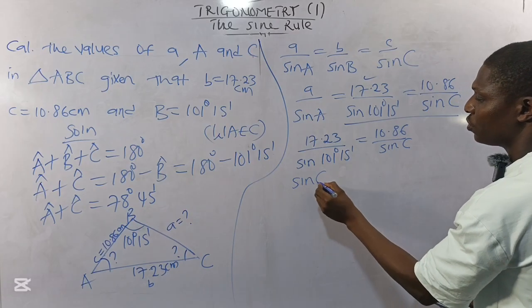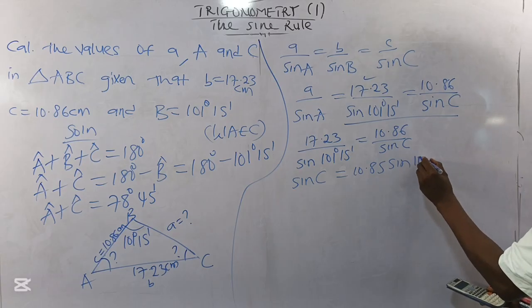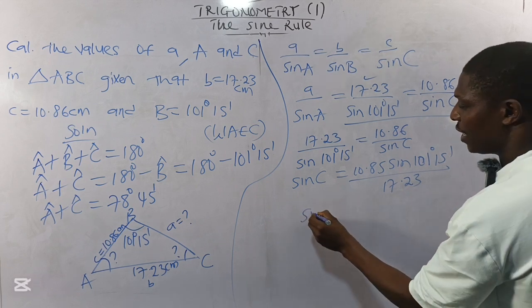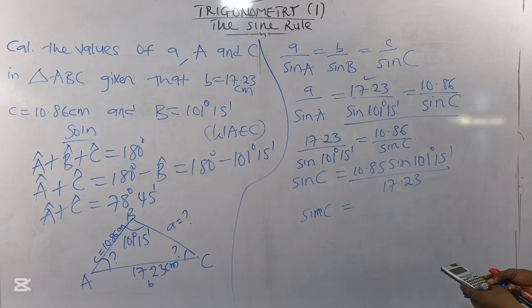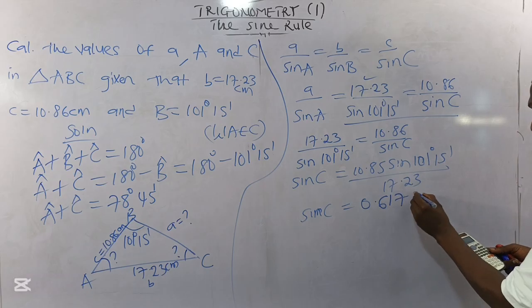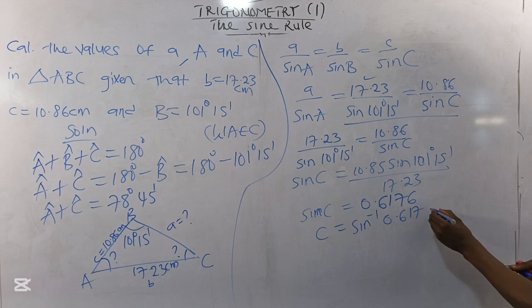So if I want to make sine C the subject of the formula, I have sine C equals 10.86 sine 101 degrees 15 minutes divided by 17.23. My value here must be less than 1, so check. 10.86 sine 101 degrees 15 minutes, divided by 17.23, will give me 0.6176, and C will give me the arc sine of 0.6176.